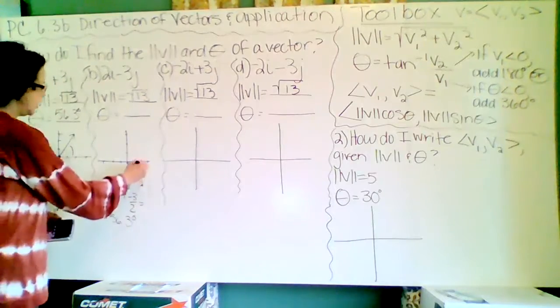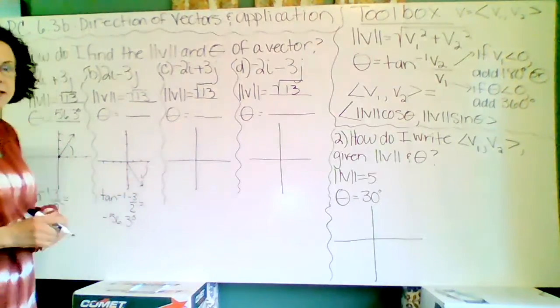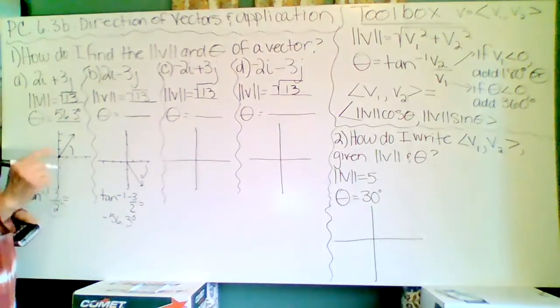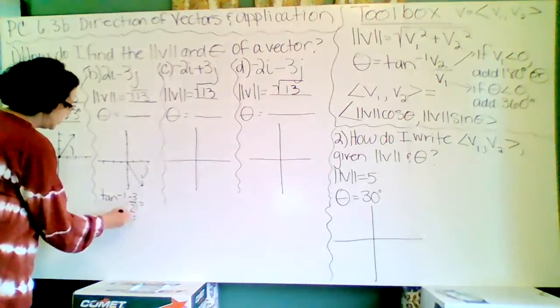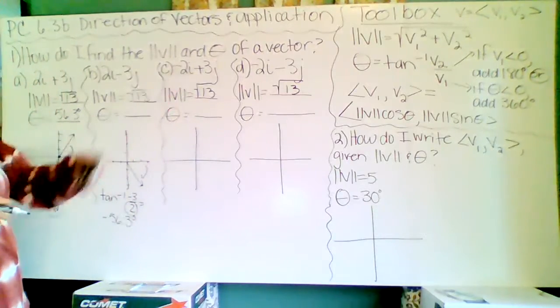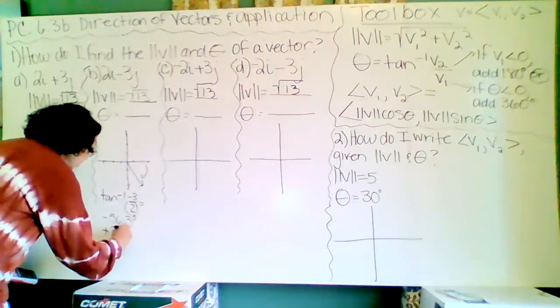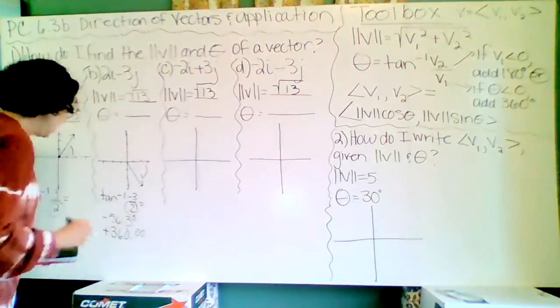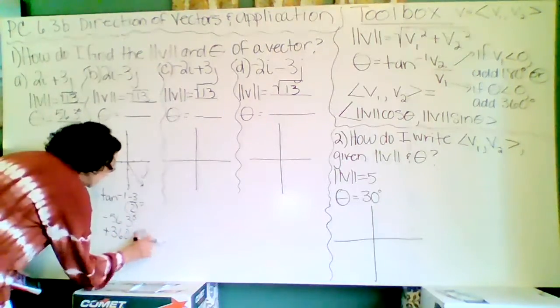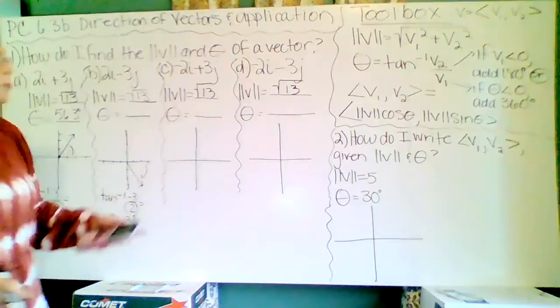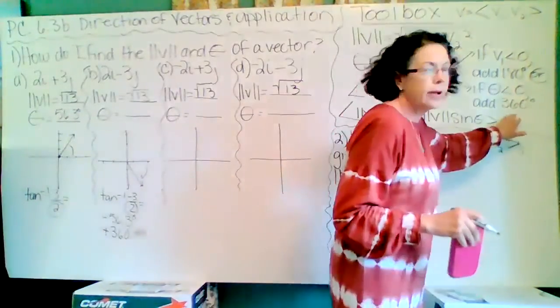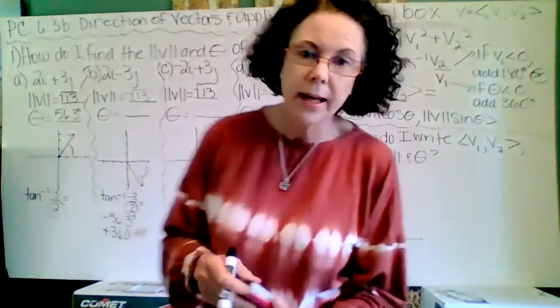Notice it really does seem to be negative 56.3 degrees. I will not add 180 because v1 is positive. However, they usually do write the answer as a positive angle measure, so I'm going to add 360 to my angle. It is a coterminal angle.